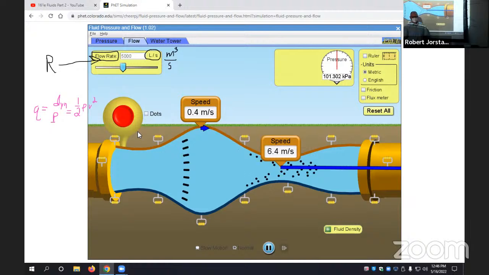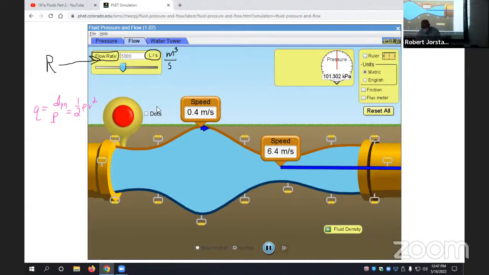You've probably seen this in a river. If you've ever looked at a river, in wide sections of the river, the speed is very slow. Now notice at every point in the pipe, they have the same gallons per second. When the pipe is wider, you don't need to have as much speed to get the same number of liters per second or meters cubed.